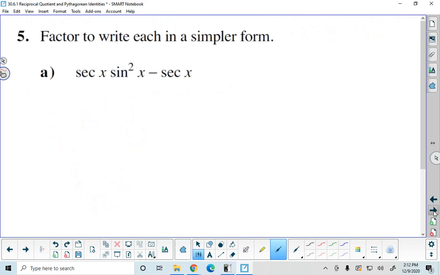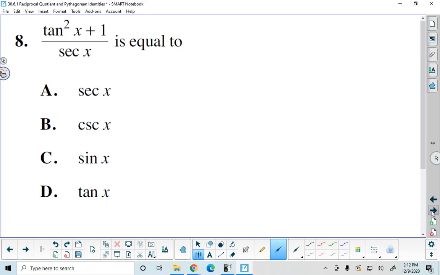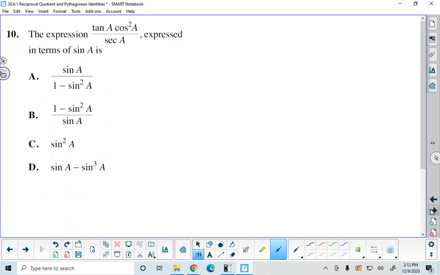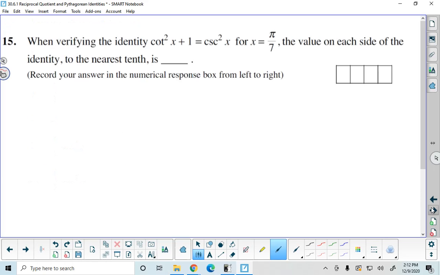So I would say questions 4 through 15, there's a lot of questions here, a lot of just multiple choice. Some are quick, some are long. And tomorrow, I have an appointment in the afternoon, so I have to be gone by 2.